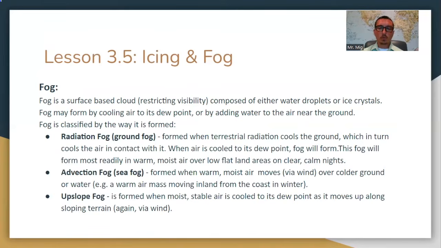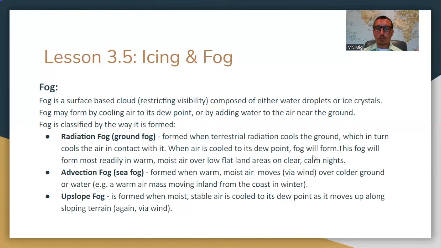Radiation fog is formed when terrestrial radiation cools the ground, which in turn cools the air in contact with it. When air is cooled to its dew point, fog will form, like we talked about. Once we start getting within 3 degrees, then you can start seeing fog. This fog will form most readily in warm, moist air over low, flat land areas on clear, calm nights.